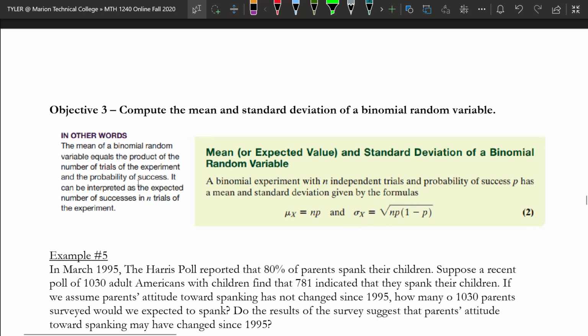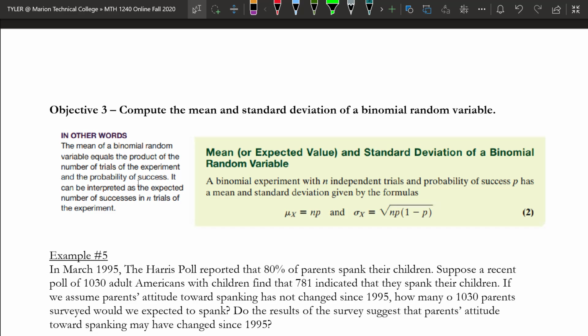All right, so then the next page here, we're looking at objective 3, which is to compute the mean and standard deviation of a binomial random variable. So I have here the equations to calculate this. To find the mean or expected value and standard deviation of a binomial random variable, we have the following equations.